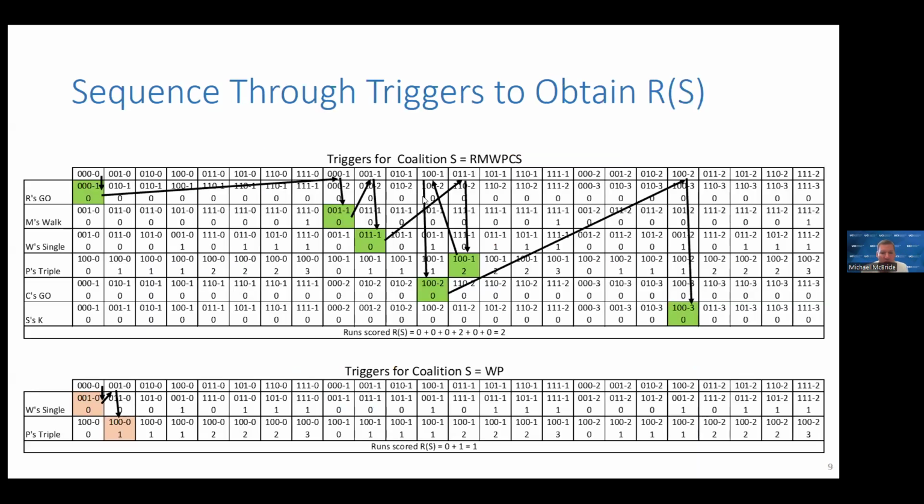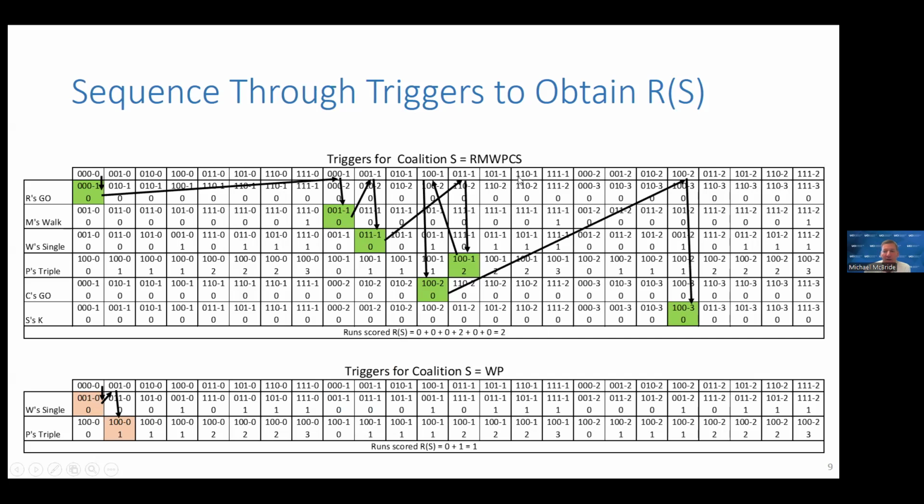So what does this look like? These are the triggers from that Arizona Diamondbacks first inning. The columns represent the initial base-out states, as they are called in baseball. So this 000-0 is nobody on third base, nobody on second base, nobody on first base, and nobody out.